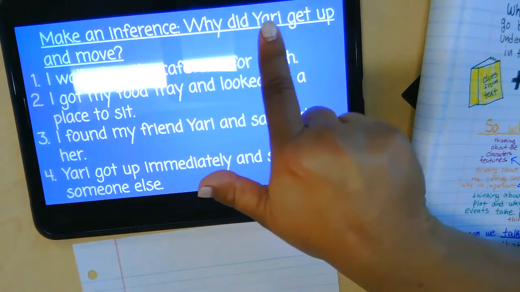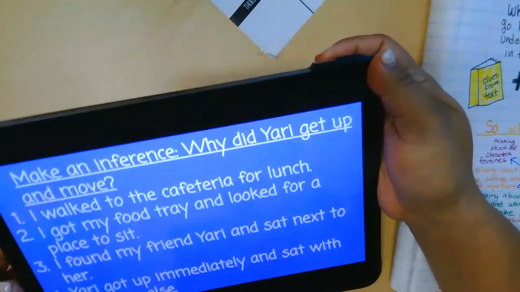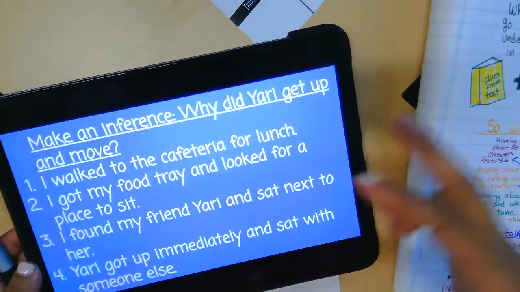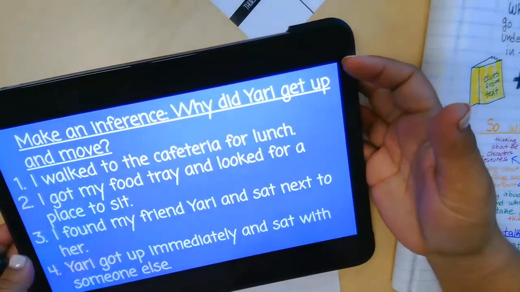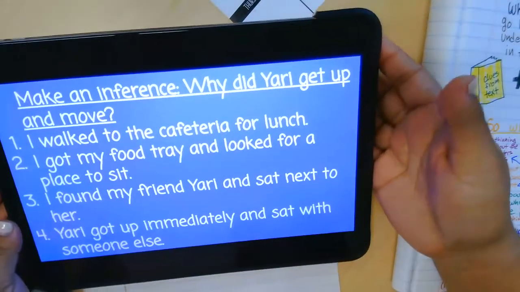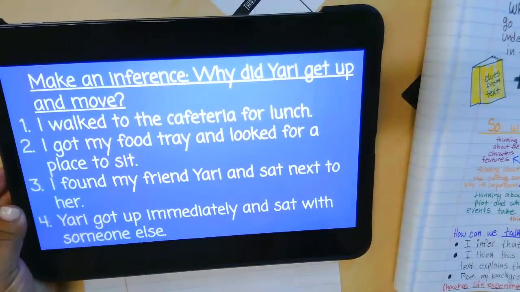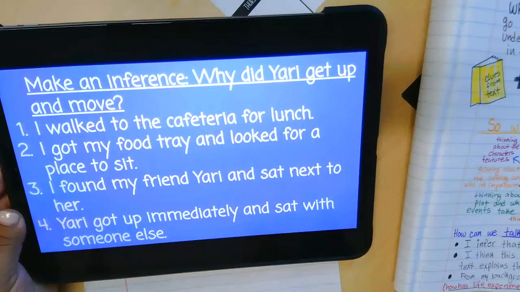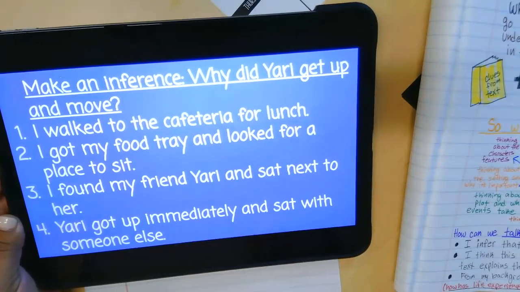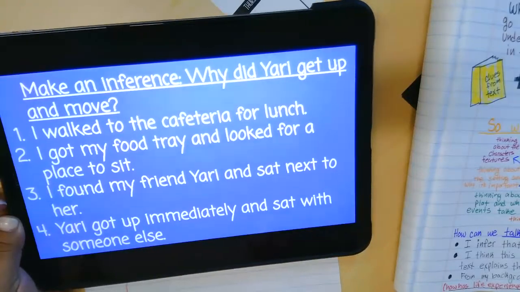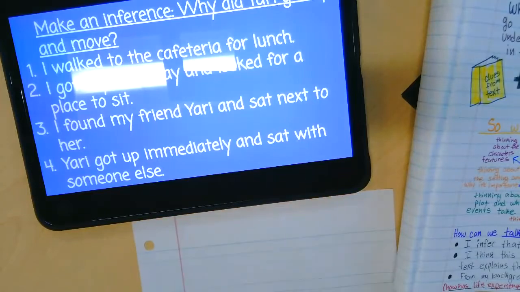So the question was, why did Yadi get up and move? Let me read you what the prompt is. It says, I walked to the cafeteria for lunch. I got my food tray and looked for a place to sit. I found my friend Yadi and sat next to her. Yadi got up immediately and sat with someone else. Why? So my inference has to be about why did Yadi get up and move. Okay? So I have to restate the question.